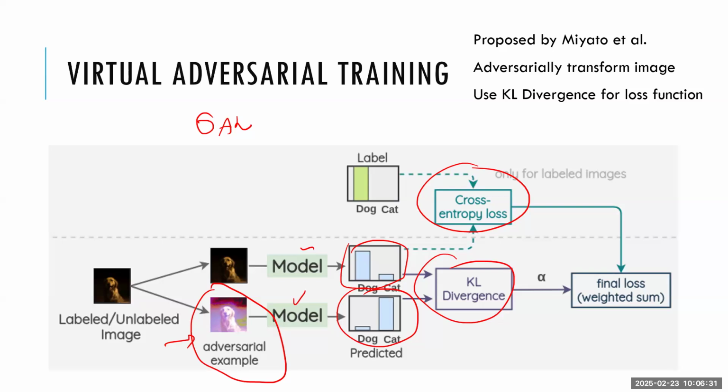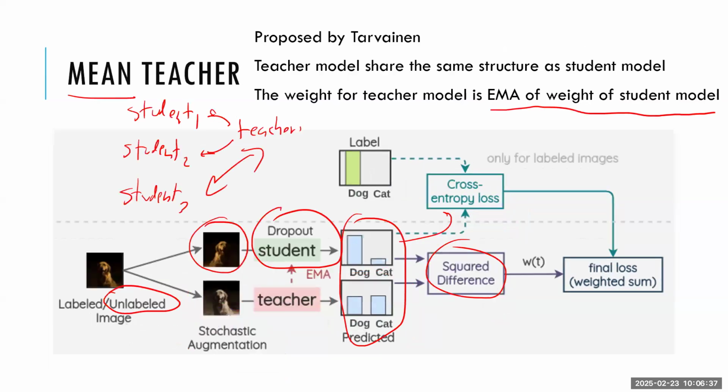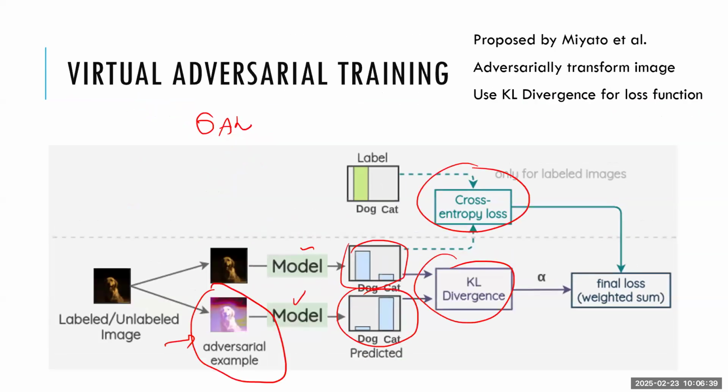So KL divergence is a stronger loss function than the square difference, right? Because basically we try to create an image that will fool the model to get the wrong prediction. And we also want to learn to not be affected by the adversarial example.